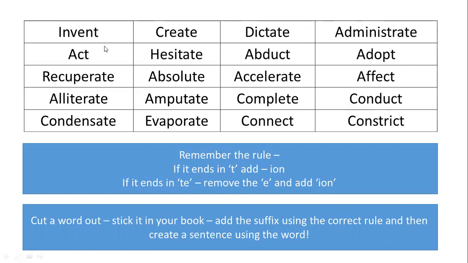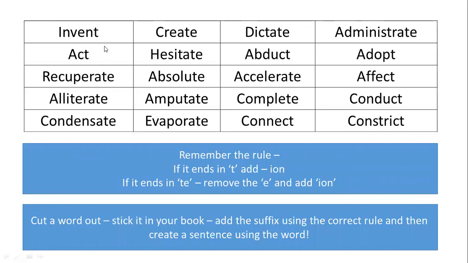Remove the letter E to write dictation. Dictation. So we have two types for the suffix here. Remember the rule. If it ends in T, add ION. If it ends in TE, remove the letter E and add ION.